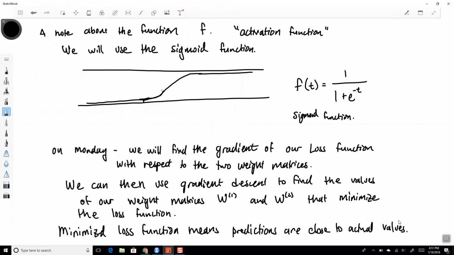That was possible for linear regression, but it's no longer feasible for a complex function like this. So we find the gradients and use gradient descent to keep walking downhill to get us to a minimum. That's what we'll do on Monday. Get ready to do a lot of matrix calculus and derivatives, and we'll see how this works.